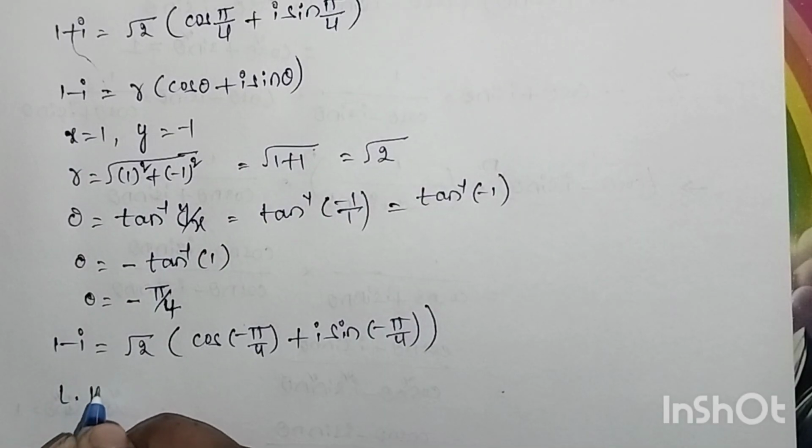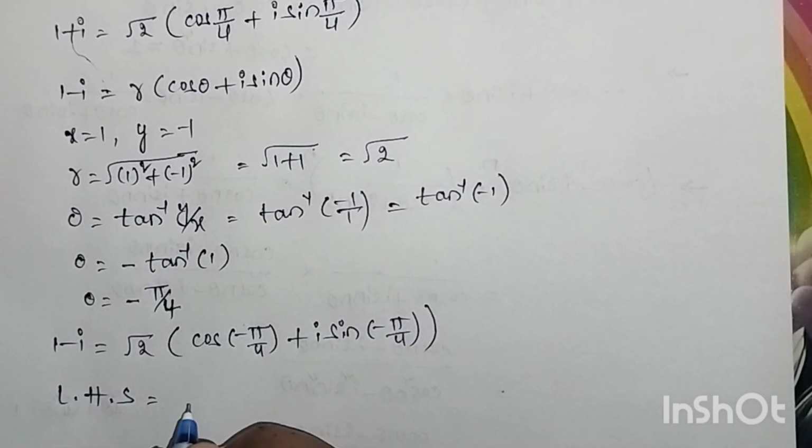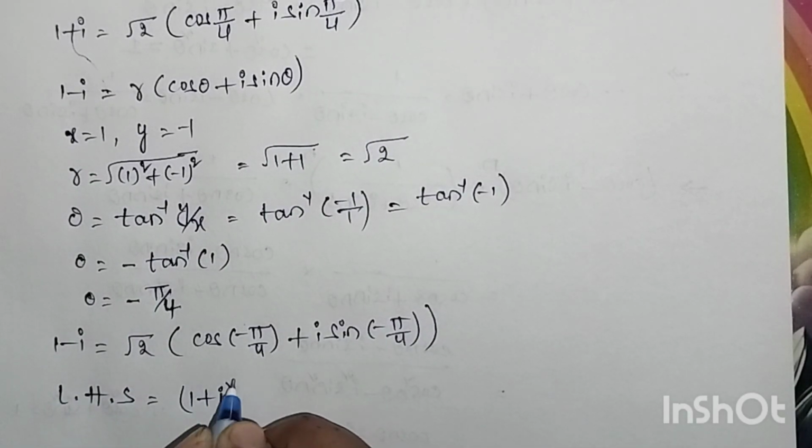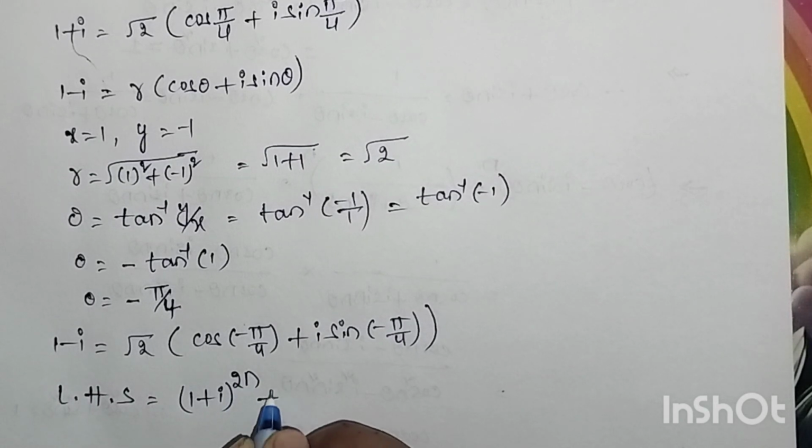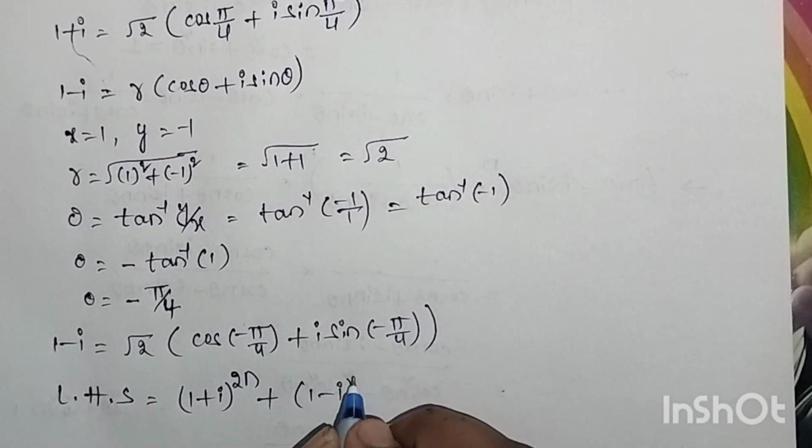First take LHS. LHS is equal to 1 plus I whole to the power 2n plus 1 minus I whole to the power 2n.